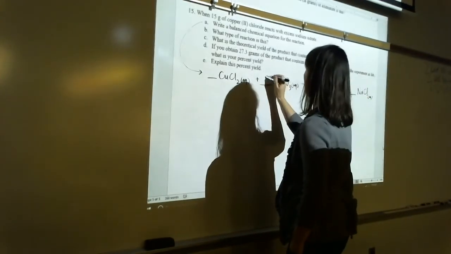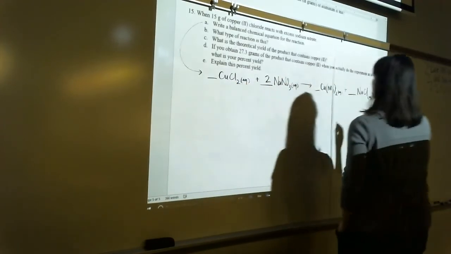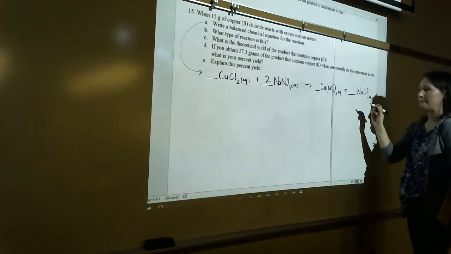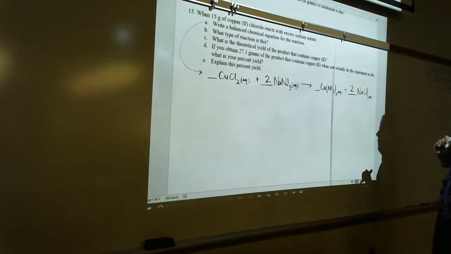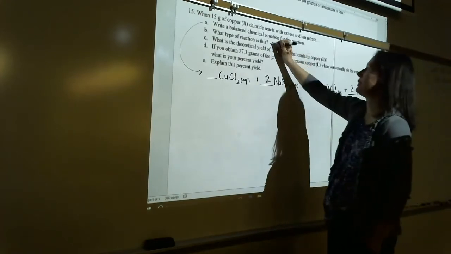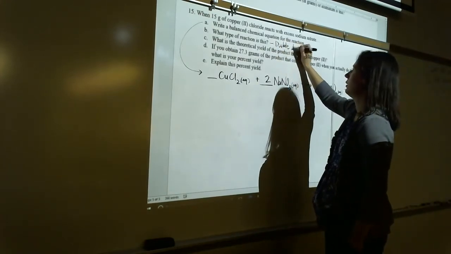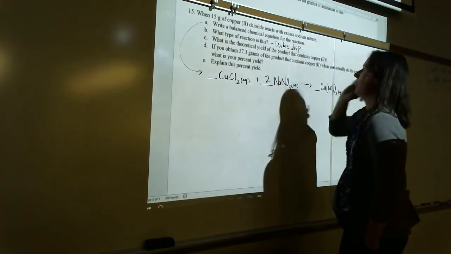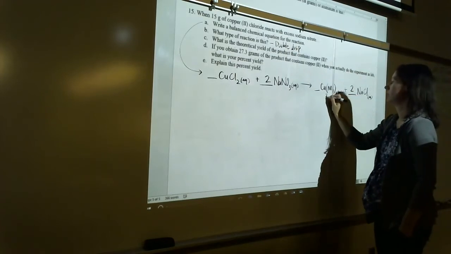Do I need to make a reactant product table or can I just do it? All right, so let's see. We need a 2 here. And where else do we need a 2? NaCl. All right, so what type of reaction is this? This is double displacement. What is the theoretical yield of the product that contains copper 2?